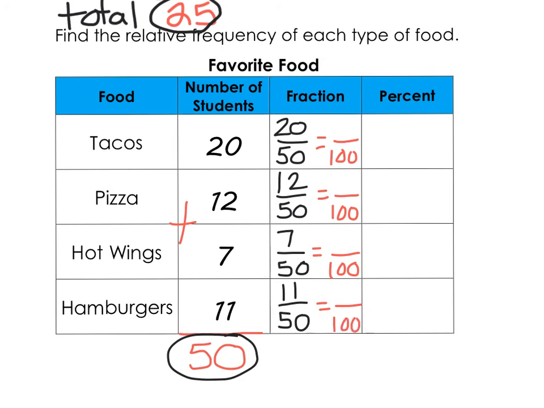Okay, and again, it would be nice to use scale factor here because 50 and 100 are compatible. To get from 50 to 100, all I simply do is multiply by 2. So if 50 times 2 is 100, I would do 20 times 2, which is 40. So 20 out of 50 would be 40%.